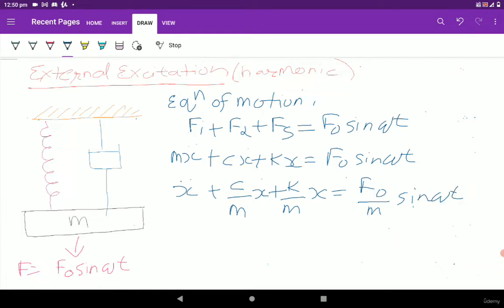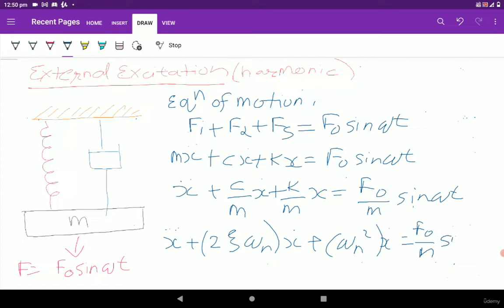After further simplifying, we get x double dot plus 2 zeta omega n x dot plus omega n square x is equal to F naught by m sine omega t. So the solution of x is here.